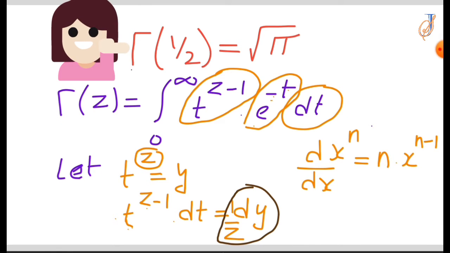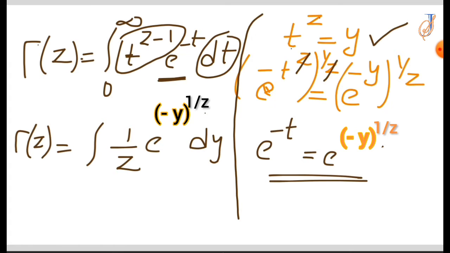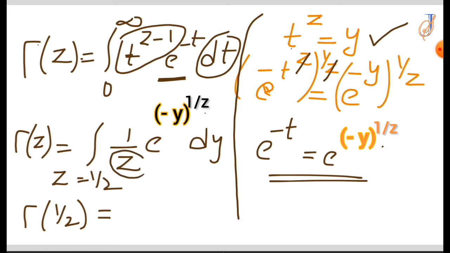We need to prove gamma of 1 over 2. That means we need to take z value as 1 over 2. So let us consider z as 1 over 2. Gamma of 1 over 2 is equal to, here we need to substitute 1 over 2. So 1 over 1 over 2 is 2 only. So just take only 2. And e power, what we have?